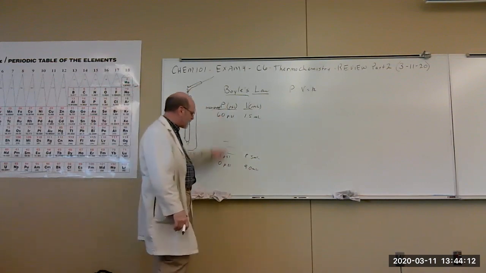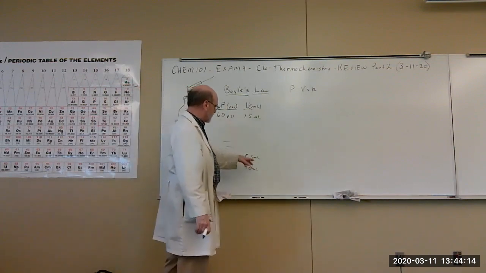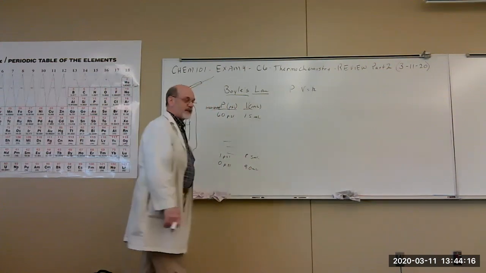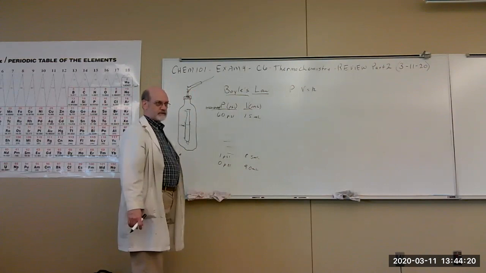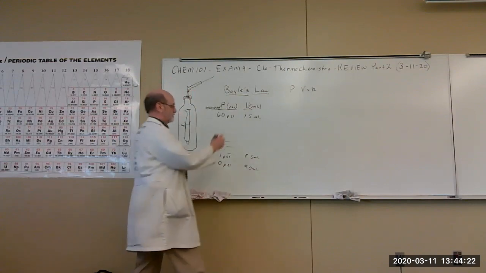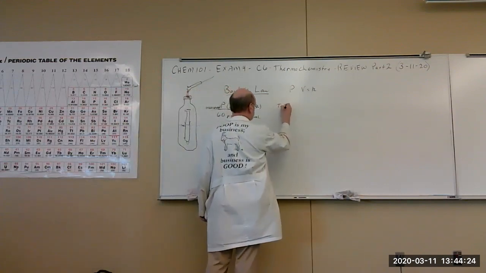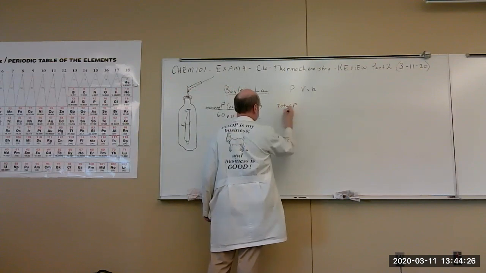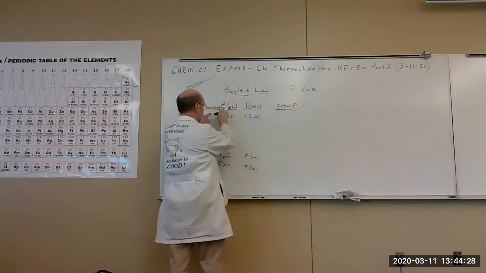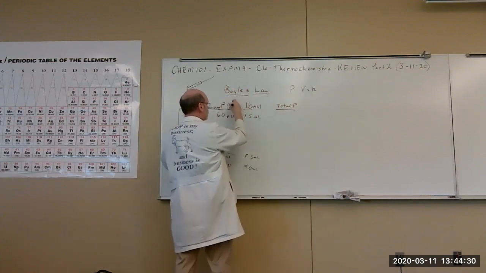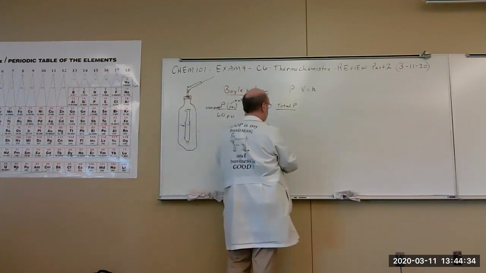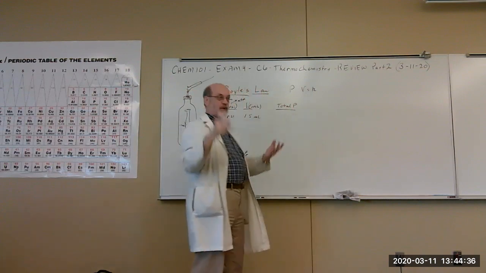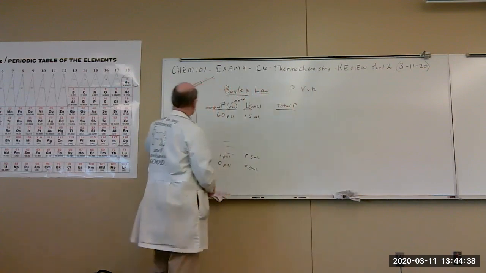So we got all these values, pressure against volume, but that's not what you graph. You graph the total pressure. So what's the total pressure? It's this pressure converted to atmospheres plus barometric pressure, right?